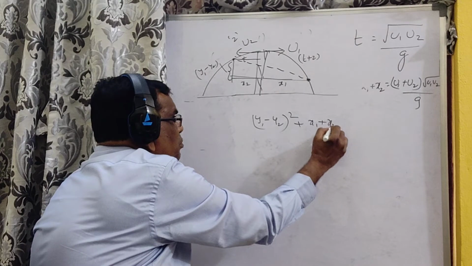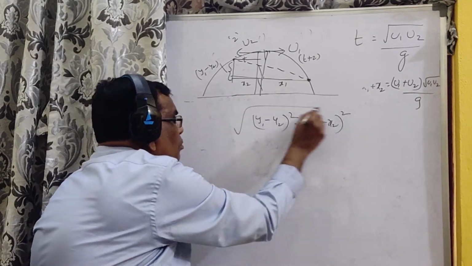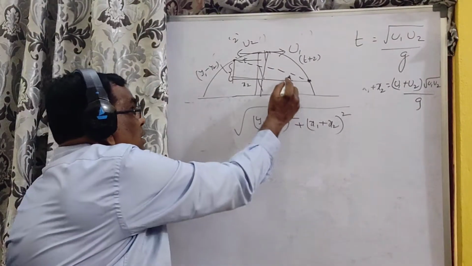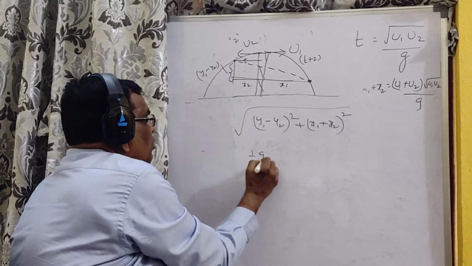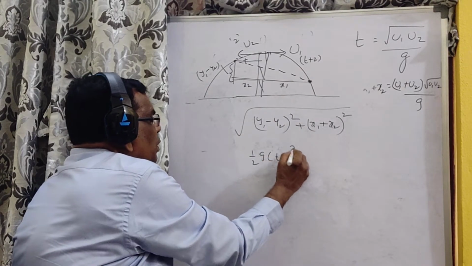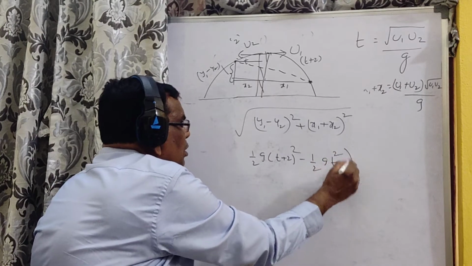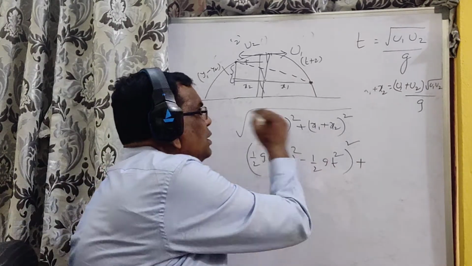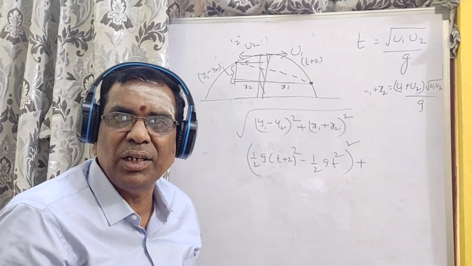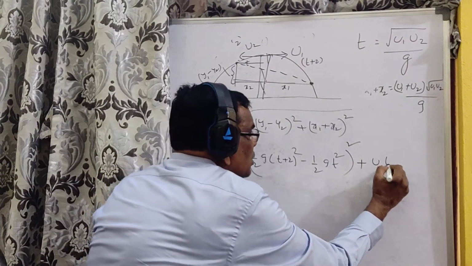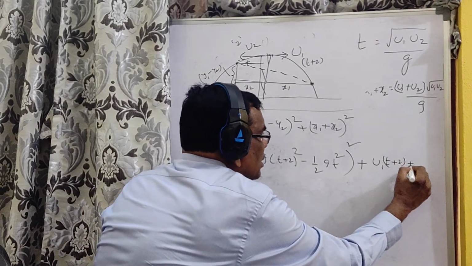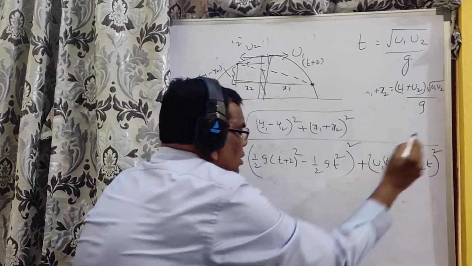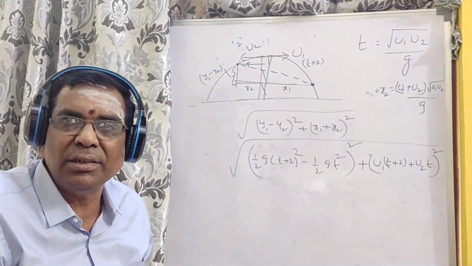This is the distance of separation, remember. Now this is t plus 2. So half g into t plus 2 whole square, that is y1 minus y2 whole square, plus x1, which you have already written there, u1 into t plus 2, and this is u2 into t, whole square. Well, simplification you can do and then get the answer.